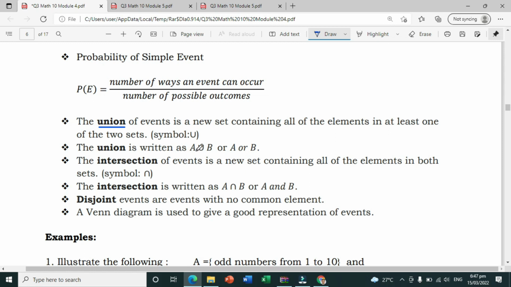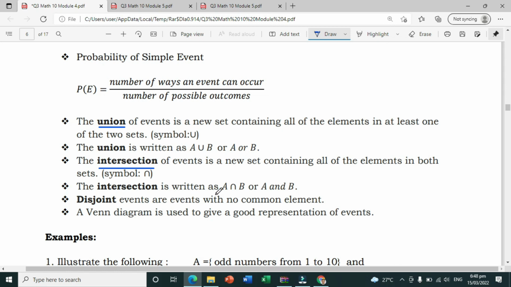The intersection of events is a new set containing all the elements in both sets. Its symbol is the opposite of the symbol of union, like an inverted U. So, when it looks like that, that is intersection.